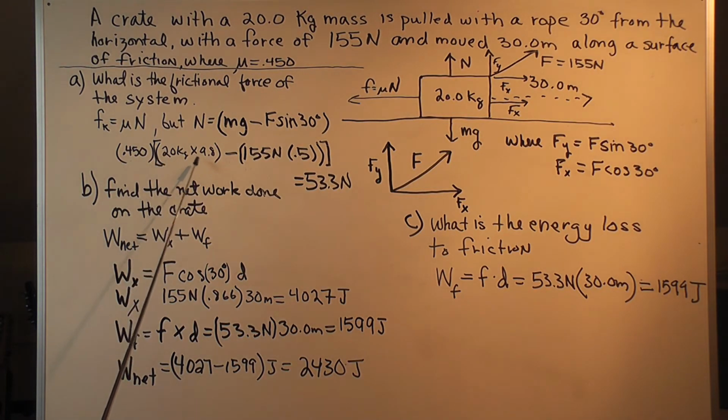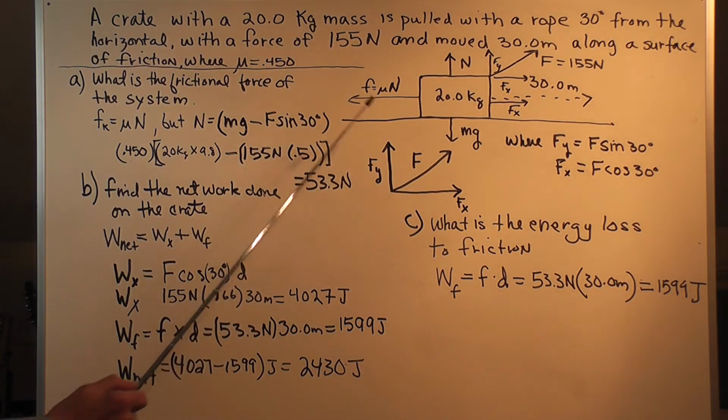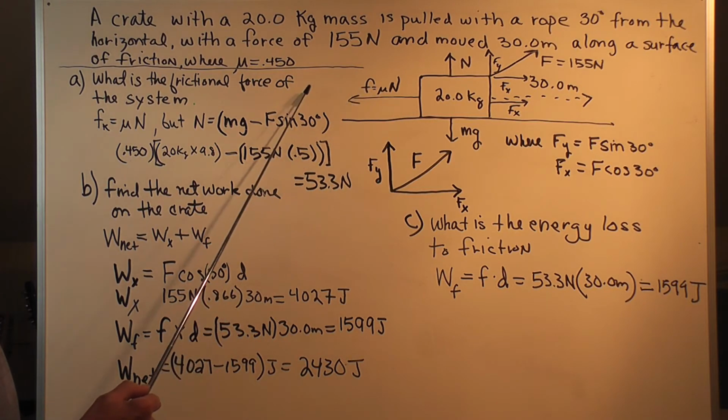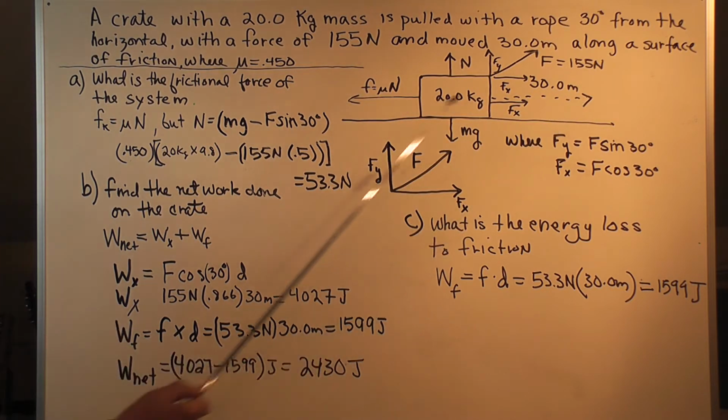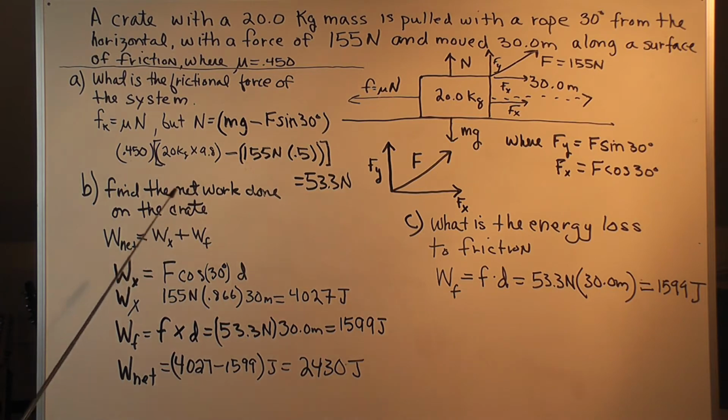We have the mass times the acceleration of gravity minus the force times the sine of 30 degrees, which is 0.5, and we get 53.3 newtons. So that is the answer to the first one. What is the frictional force? And this frictional force is acting in the opposite direction of movement, which it should be if it's friction.